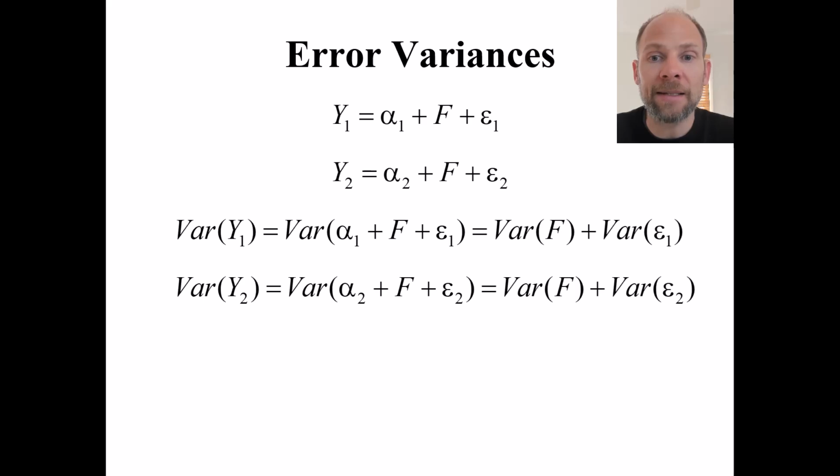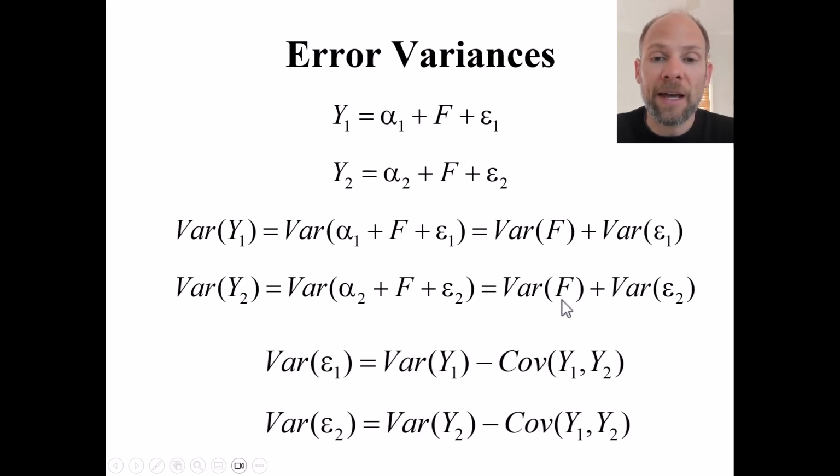So we can replace var f in both equations with covariance y1, y2, and then we can solve the equations for epsilon, which then gives us variance epsilon 1 is equal to variance y1 minus covariance y1, y2 for the first variable, and for the second variable we have the variance of the second variable minus the same covariance. So that's pretty straightforward, and that shows us that the error variances now are also identifiable in this model.